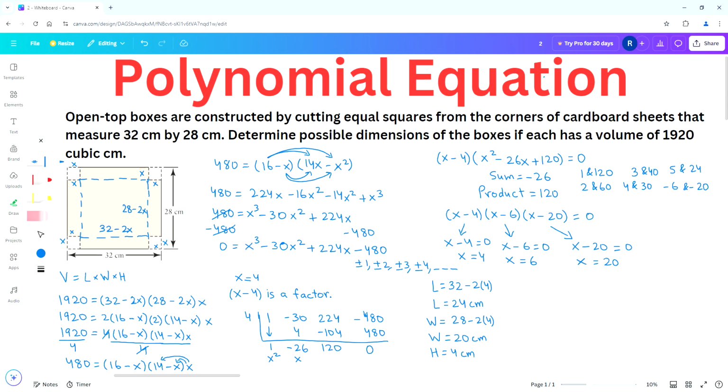Next we can find the dimensions for x equals 6. Two times 6 is 12. 32 minus 12 is 20. And the unit is centimeter.